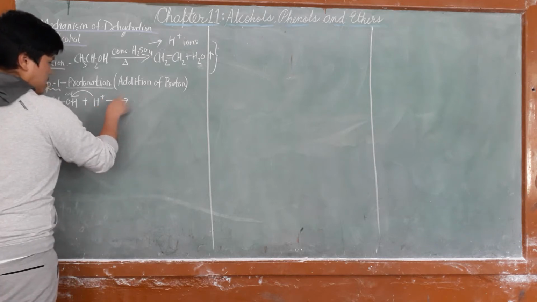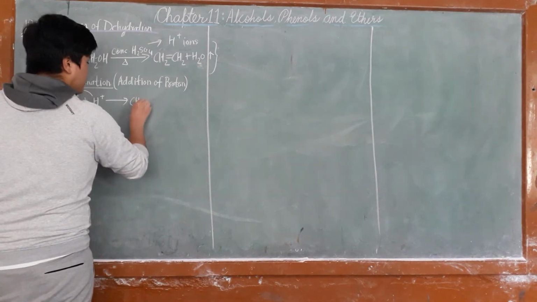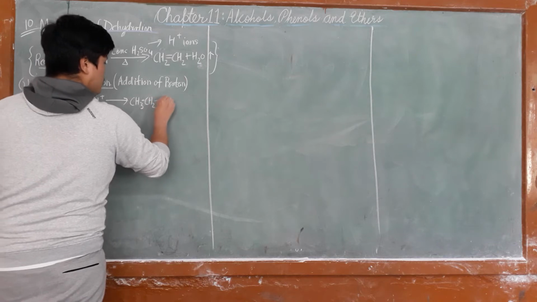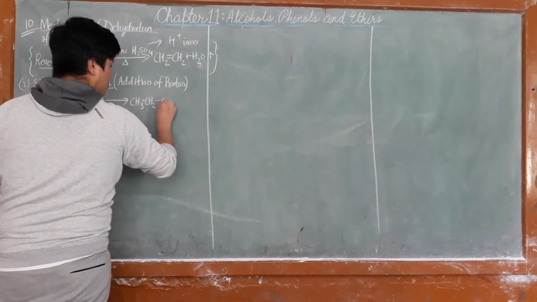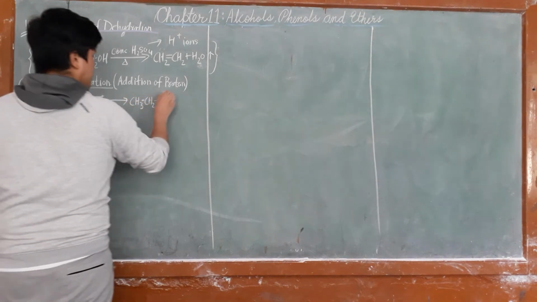So what happens? You will get a first intermediate product, CH3CH2O.